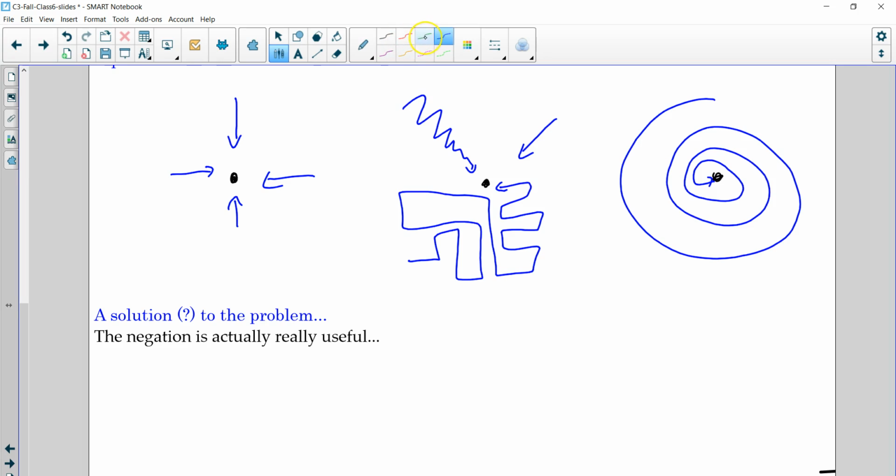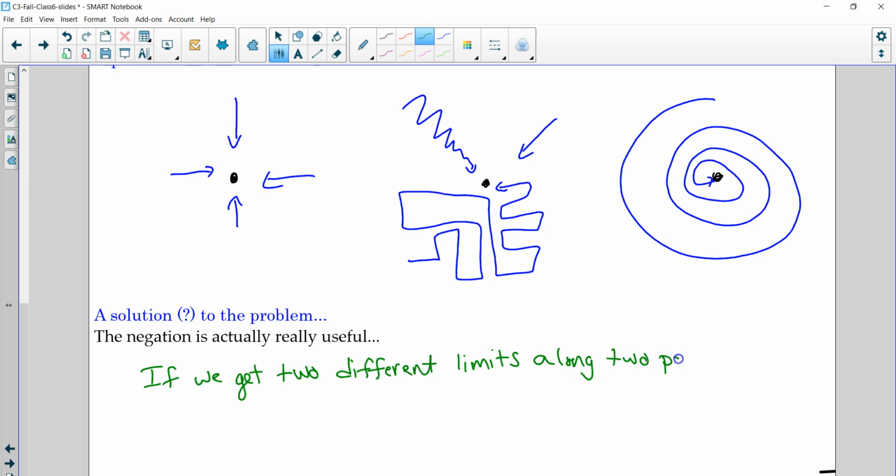If I think about the negation, the negation is just that if we get 2 different limits along 2 paths to this point A, then the limit as we approach A of f does not exist.